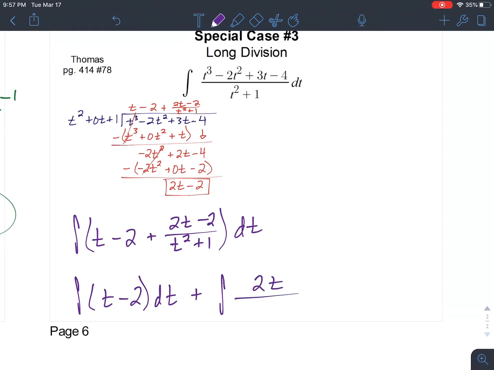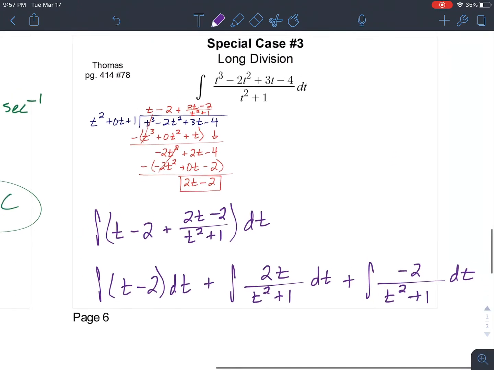So it's going to become 2t over t squared plus 1 dt. And then the last fraction is going to become negative 2 on top with a t squared plus 1 on bottom dt. Sorry about that. Plus 1. Okay.